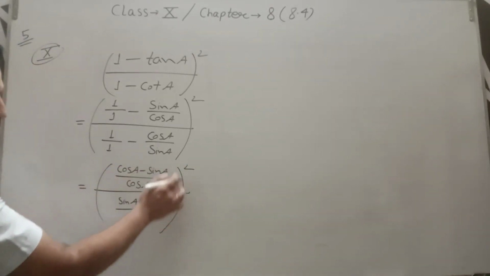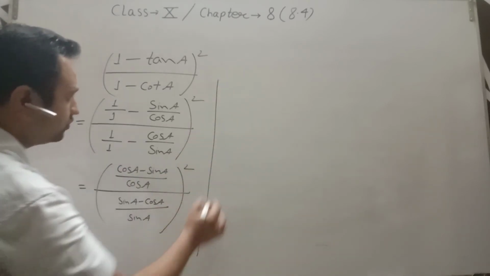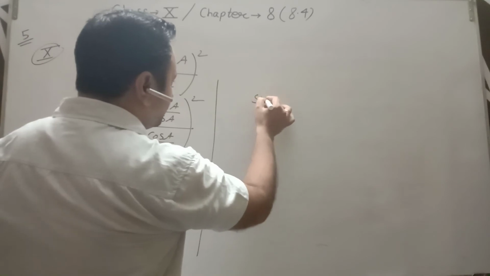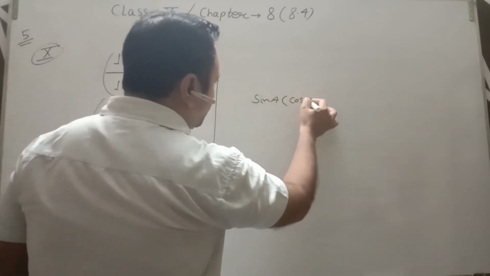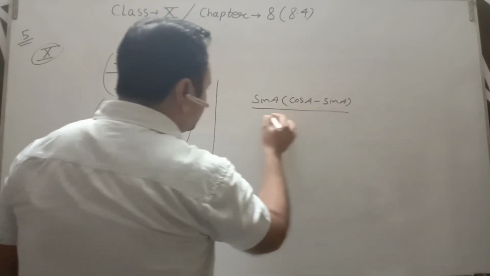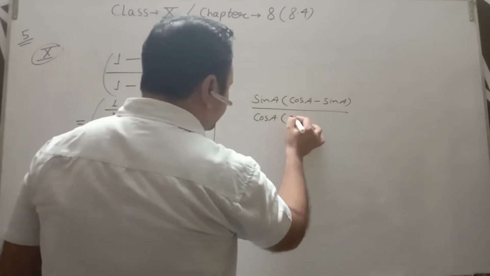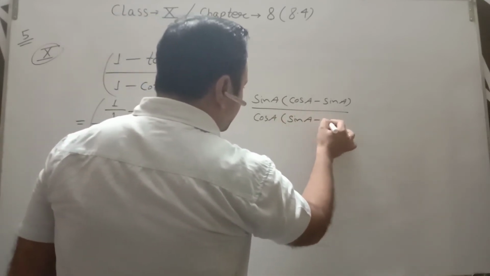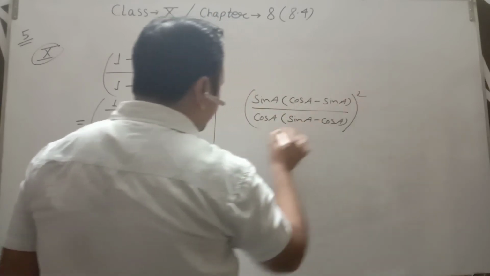Same procedure, sin A multiplied by this and cos A multiplied by this, so we obtain sin A into (cos A minus sin A), and in the denominator cos A into (sin A minus cos A), and square of whole.